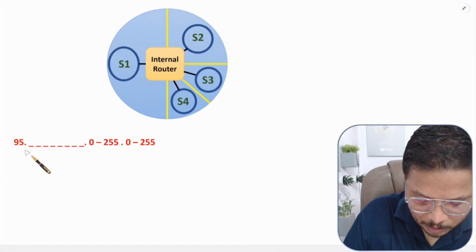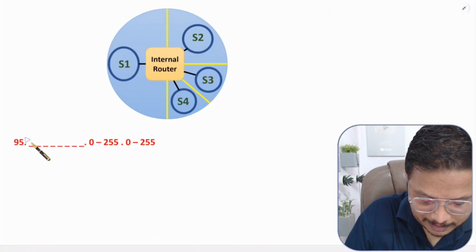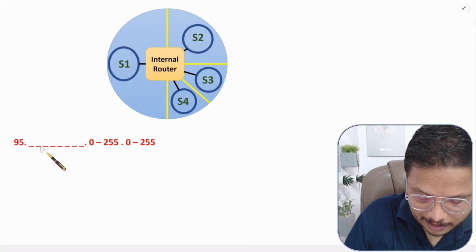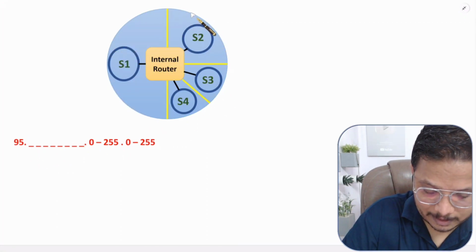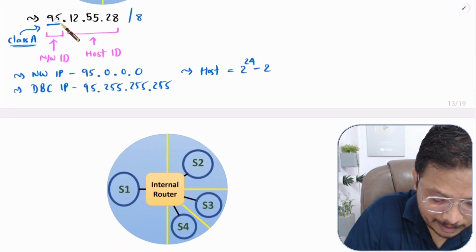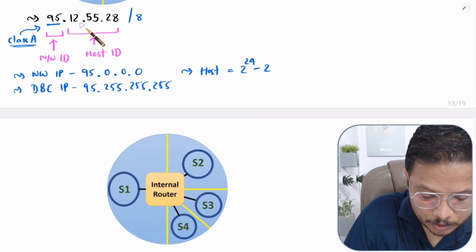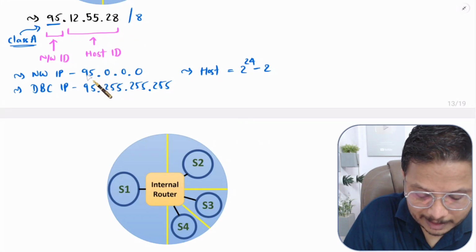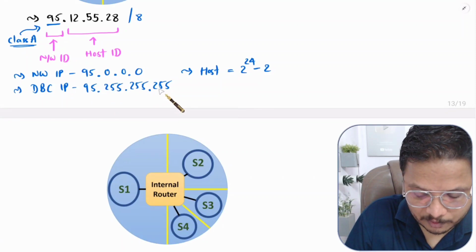Now what I'm going to do is bisect this network ID into 4 segments. You see the network ID was 95, right? And it had hosts ranging from 95.0.0.0 to 95.255.255.255.